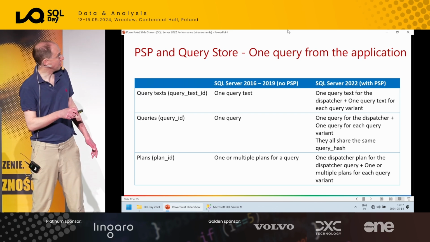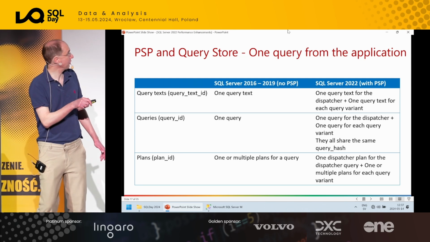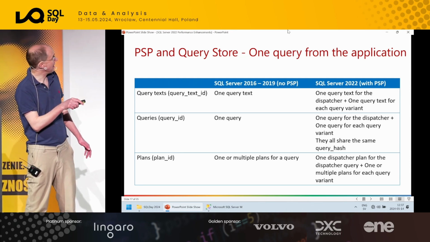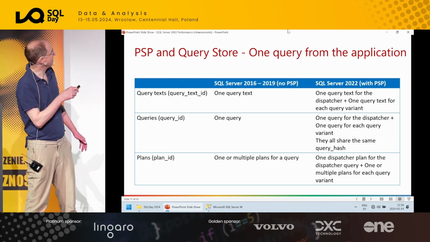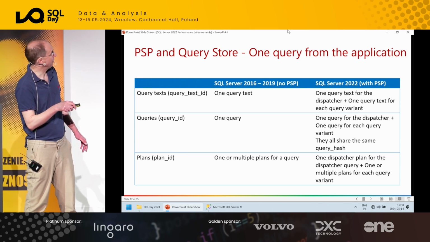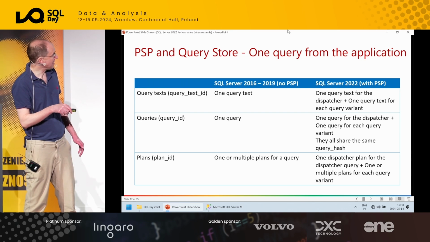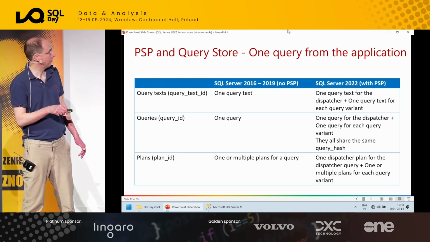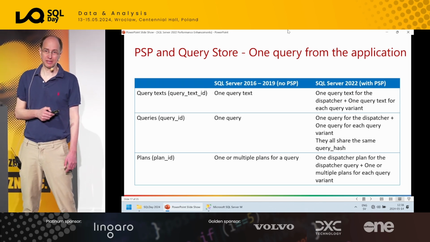Now with this PSP feature, it's getting much more complicated in Query Store, because now suddenly you have all these variants also. And each of those variants will basically be its own query and its own query text. And on top of that is this dispatch or parent query. And each of those query variants can have one or multiple plans. So real nice feature, but it makes analysis in Query Store a little bit more complicated.